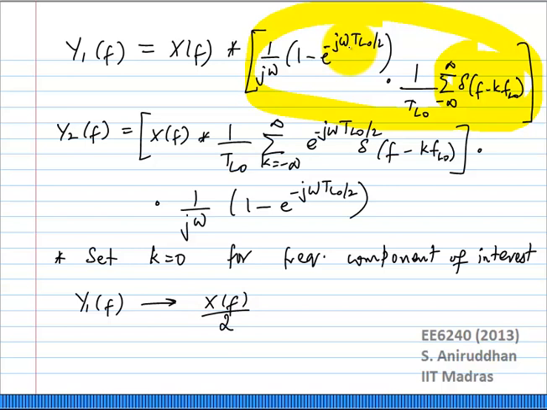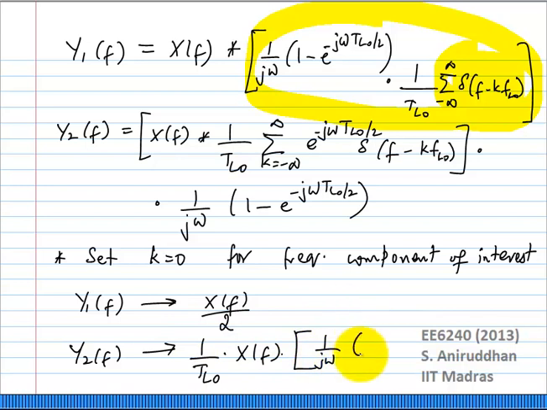So the first term will give you x of f by 2. Now the second term gives rise to 1 by T_LO x of f, 1 by j omega into 1 minus e power minus j omega T_LO by 2.